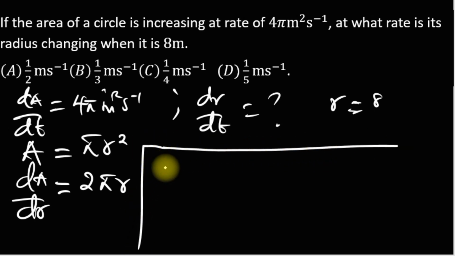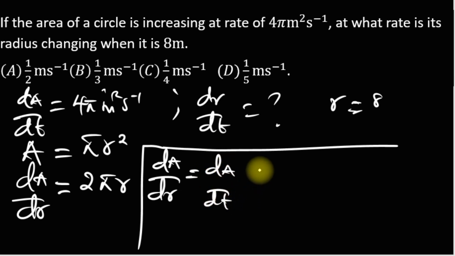Common sense will tell us that dA over dr is the same thing as dA over dt times dt over dr. Check it now. dt gone, so we are left with dA over dr.